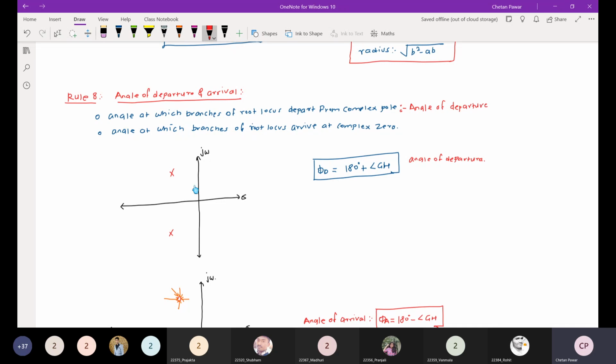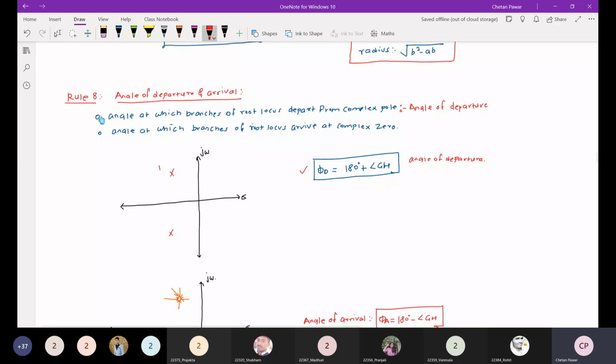Because as we know, root locus branches start from open loop poles and end at open loop zeros, right? So if a root locus branch starts from a complex pole, it will start with some angle, and that angle will be called the angle of departure. That angle of departure is calculated using this equation: 180 degree plus angle of GH at that point.